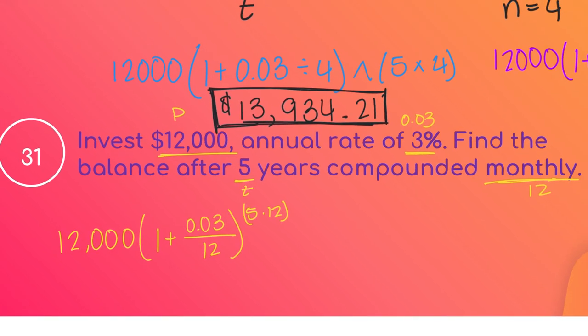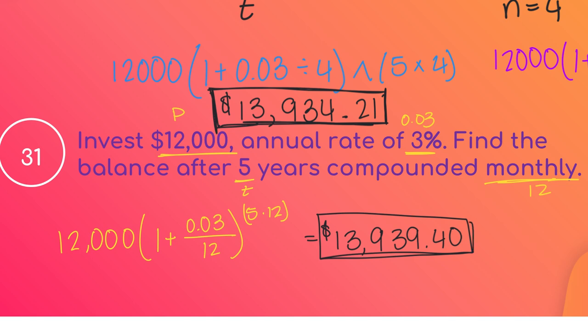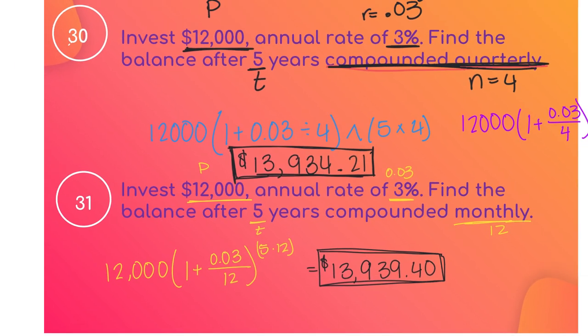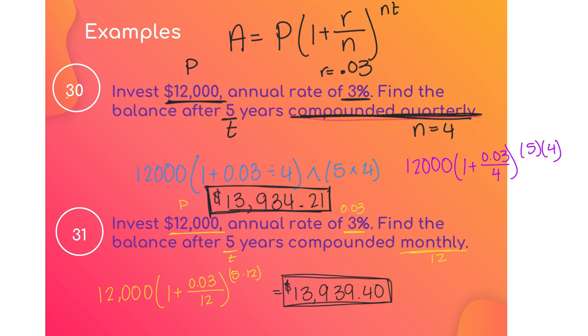And if you plugged it in correctly, your answer should have been $13,939, and rounded to the nearest cent would be 40 cents. This is my answer. So looking at it, you get a little bit more if you compound monthly. Okay, please make sure you memorize this formula right here. Super important you know that formula. It will not be given to you.